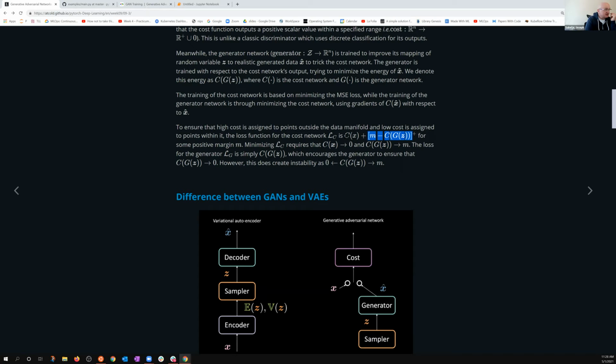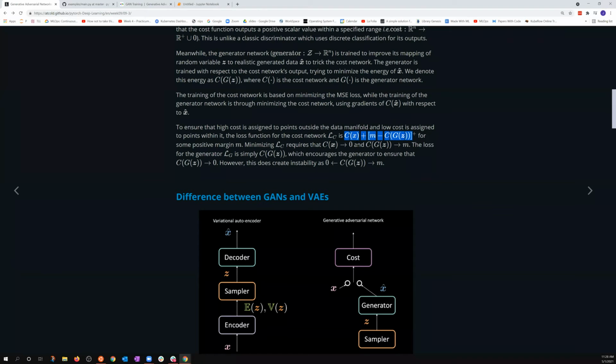But if it's fake data, then, yeah, I wasn't really sure about this. Could someone explain how the cost function is formulated this way? If anybody knows GANs better than me, he probably wants to jump in and mention why the cost function, or the loss function I should say, is defined this way.